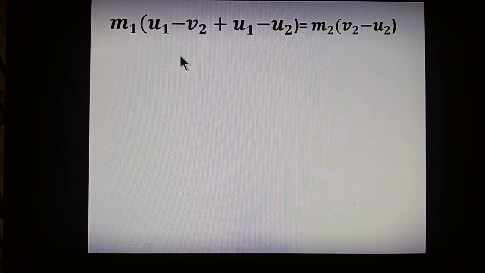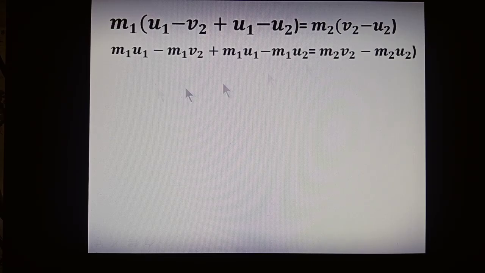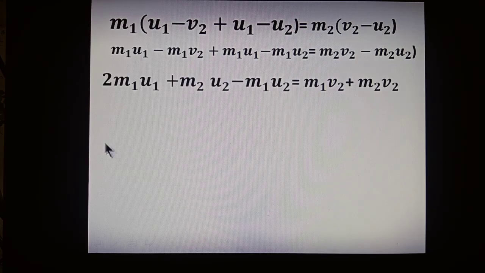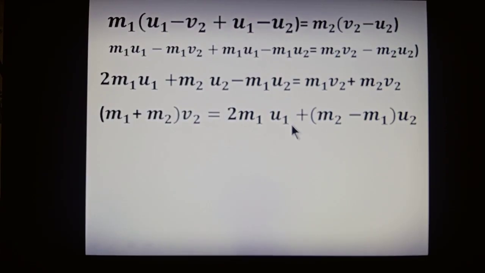Now multiplying m1 within the bracket, we will get this. Combining these two terms, m1u1 + m1u1 is 2m1u1. Taking this on the left side, 2m1u1 + m2u2 - m1u2, and this term is taken to the right, again taking u2 common, and from these two terms we will take v2 common.